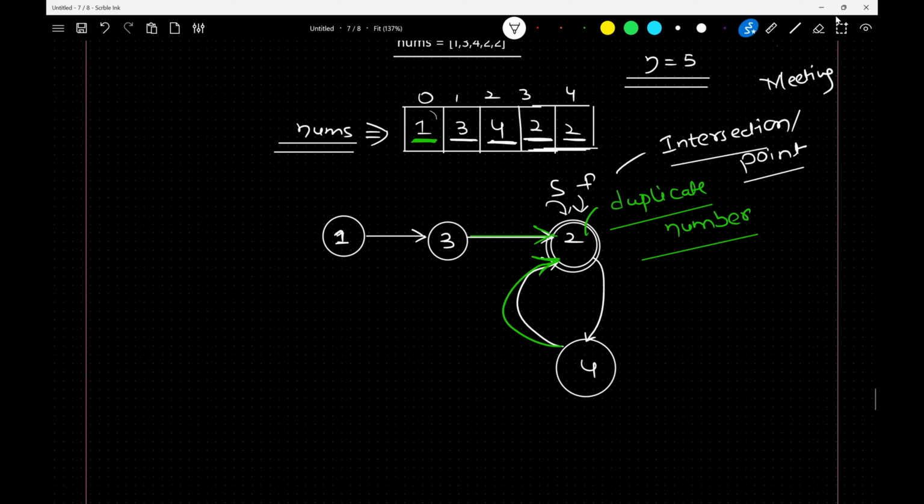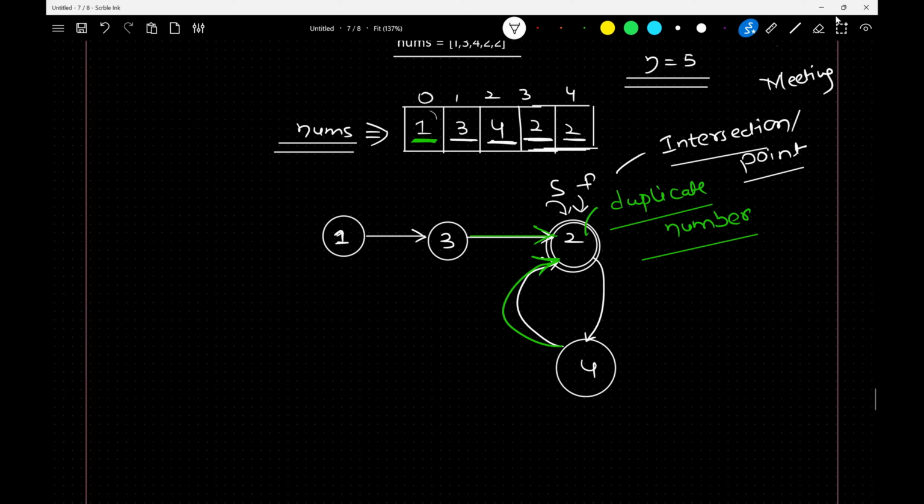It's linear time. When I talk about space complexity, you are using an external data structure apart from the given list, and that is also big O of n space complexity, right? You are storing almost n elements as keys, and corresponding to that, you are storing the values, which are the frequency of every element.